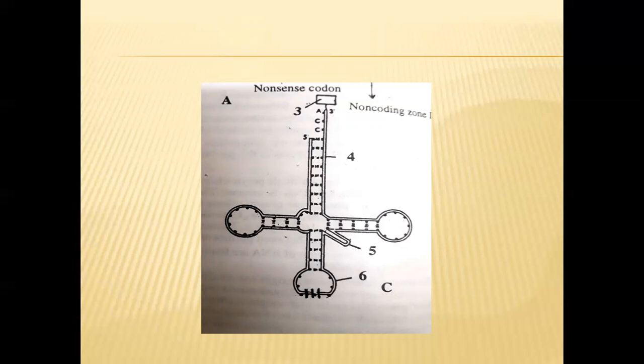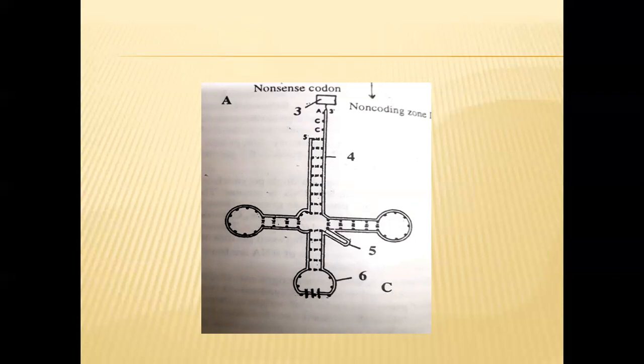This place where these unpaired 3 nucleotides CCA are present is called the amino acid binding site. This tRNA goes and brings the amino acid from the cytoplasm. So at this place, the amino acid binds.